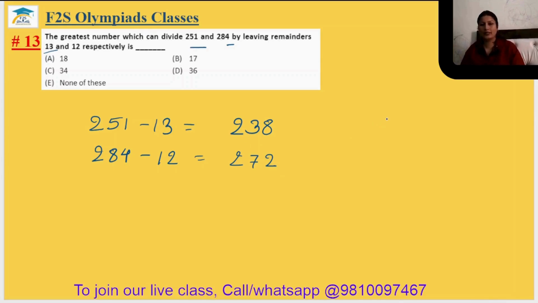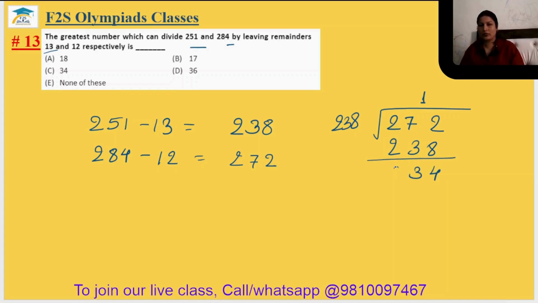So how can we find the HCF? By using the long division method. So 272 divided by 238. In the long division method, we take the bigger number as the dividend and the smaller number as the divisor. The remainder is 34. 238 divided by 34 we can get 7 times.